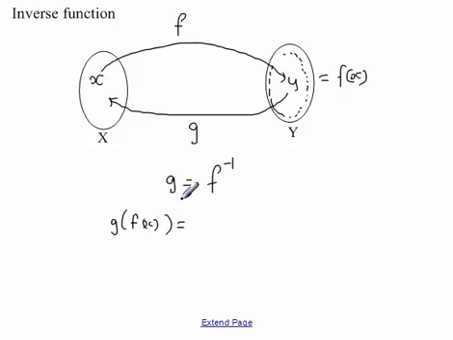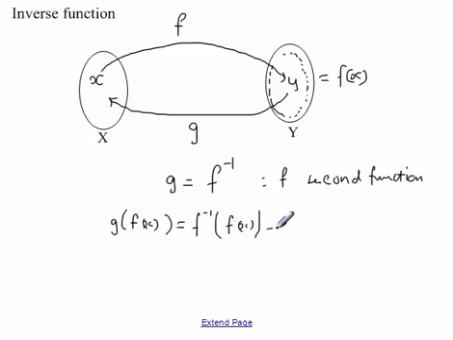If it's an inverse, it's going to be g f of x. Normally I'm going to read this as f second function. So I write it like this, but I read it as f second function. Then if we do this, and that is an inverse of that function, this must take us back to x.